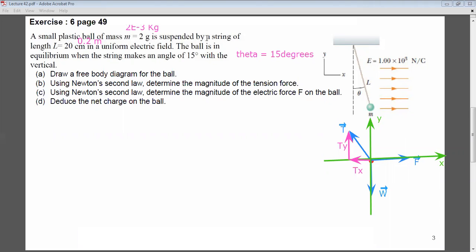Okay. This is the angle 15. This is theta here. So Tx is opposite to the angle. So Tx will be T sine theta. Ty is adjacent to the angle. So Ty will be T cosine theta. Okay, so let's get them because we will need them.